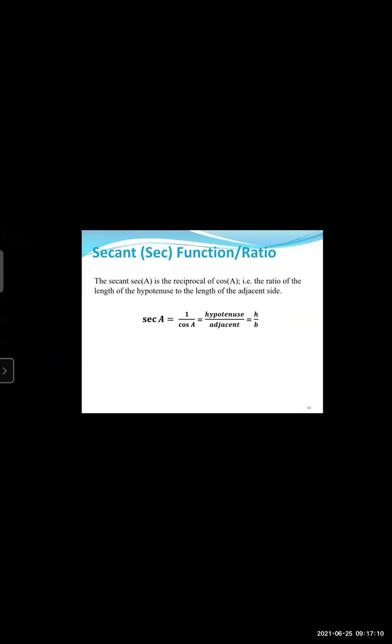Second is the ratio reciprocal of cos. So first we know the definition of cos. Cos is defined as the ratio of adjacent side to the hypotenuse. So take its reciprocal. So sec A is equal to 1 by cos A, so here we write hypotenuse to the adjacent side.